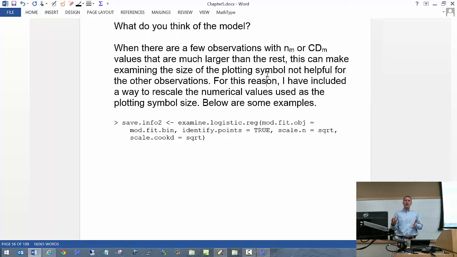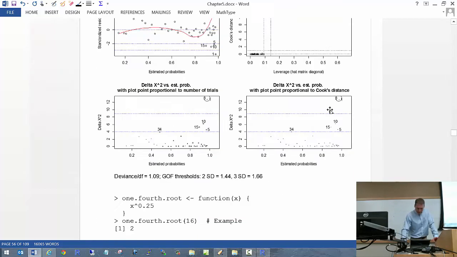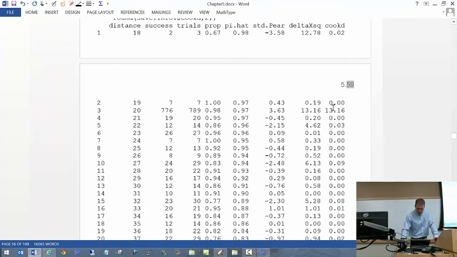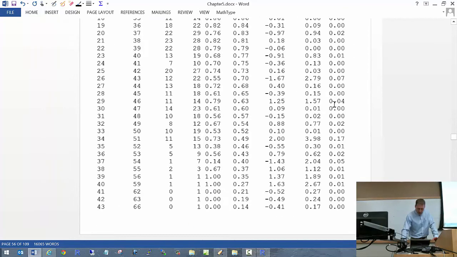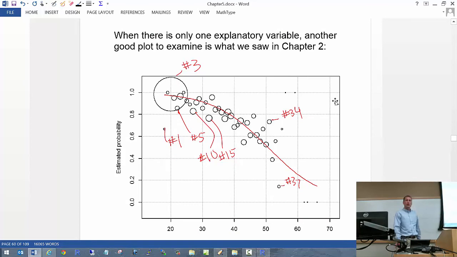Remember, we were looking at a plot of the, well, actually I have the plot here. Just ignore my writing on it for now. This is where we saw a bubble plot before. Does that look familiar? Okay.